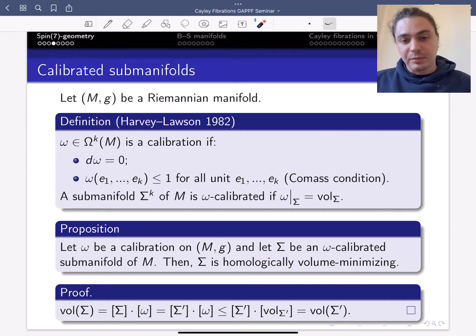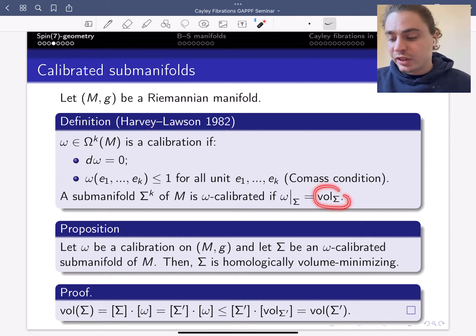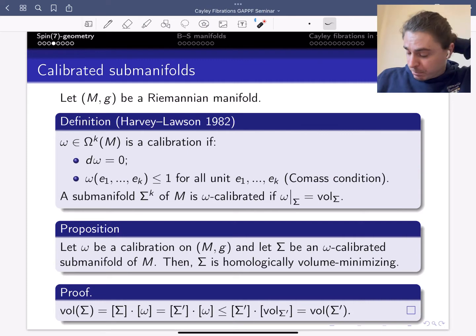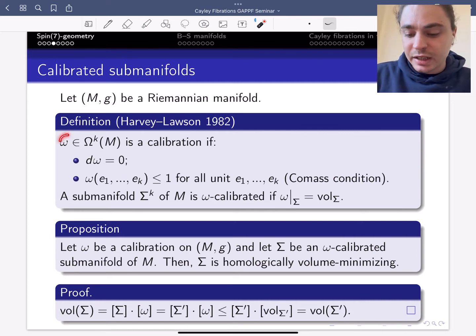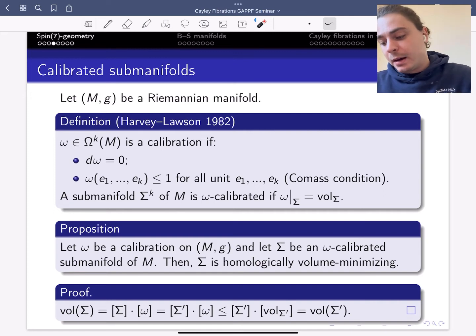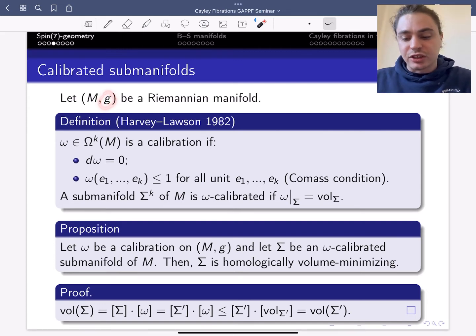A submanifold sigma of dimension k, so we have matching dimension, is said to be omega-calibrated if the volume form of sigma is equal to omega restricted to sigma. So let me just tell you something about this condition. Observe that omega is just some differential geometric object, a k-form, while the volume form of sigma is a k-form on sigma induced by the Riemannian structure.